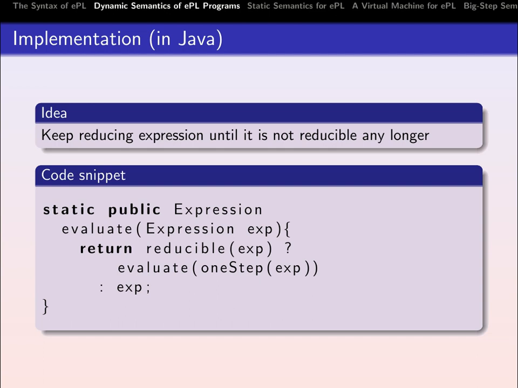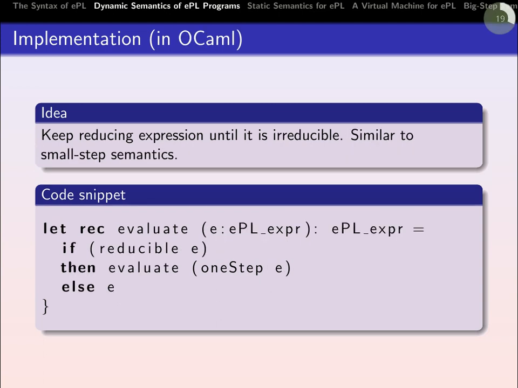We're going to implement a function that performs one step. Otherwise, if it's irreducible, the expression is its own value and we can just return it. OCaml is going to look the same, right? Looks a bit less verbose, still about 3 lines of code if you don't count the braces. By the way, this brace is a typo, so treat it as such.